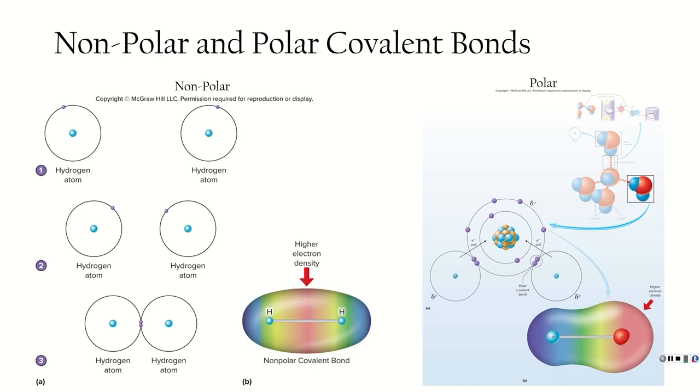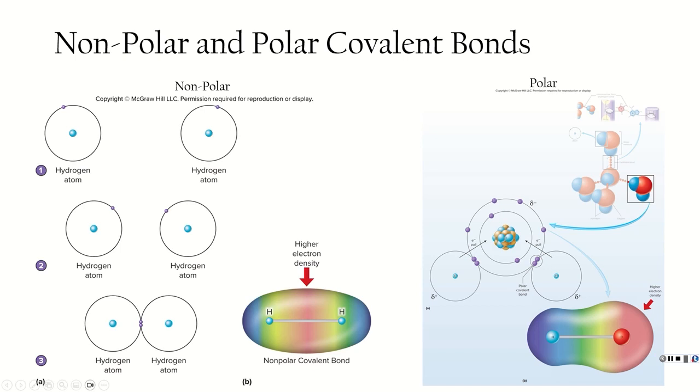And the electrons are shared equally, so they're non-polar. You can't discern one end from the other, is what polar and non-polar means. So non-polar means there's no positive or negative charge detected, right? So this red kind of indicates where you would find most of the electrons. It's in the middle. They're sharing like perfect siblings, which we all have.